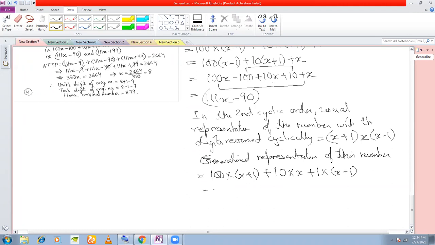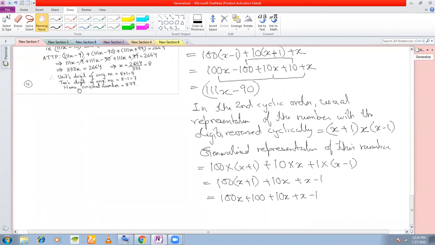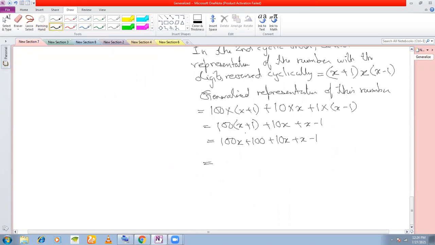So now we simplify this once again: 100 into x plus 1 plus 10x plus x minus 1. Open the brackets. So you get 100x plus 100 plus 10x plus x minus 1. So now this is 100 plus 10 plus 1 times x, again 111x. And this is 100 minus 1, so this will give you simply plus 99. Right? So you've got all three numbers.